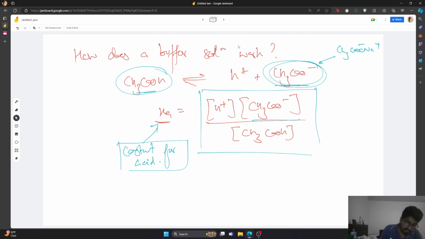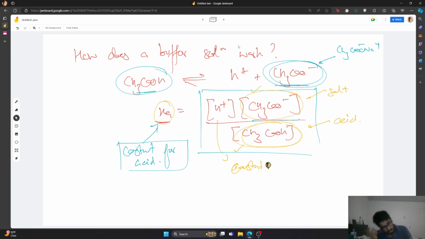So this concentration is determined from the salt, and this concentration is determined from the input acid solution. So this is a constant in the sense that you can control it from outside, and this is just in general a constant. So if everything in the equation is constant, then H plus is constant, which means the pH of that solution is constant, which is essentially what we want. The idea is, because this is externally controlled, this is basically a constant.